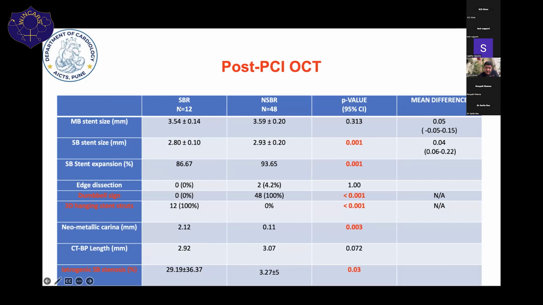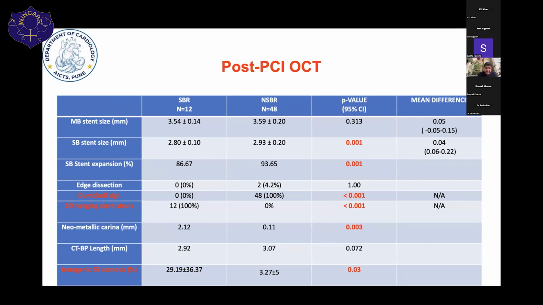All the patients who had side branch restenosis had an absence of dumbbell sign and had stent struts hanging on 3D reconstruction. The side branch restenosis group also had a significantly longer neometallic carina as compared to the NSBR group, and the iatrogenic side branch stenosis was significantly more in the SBR group.